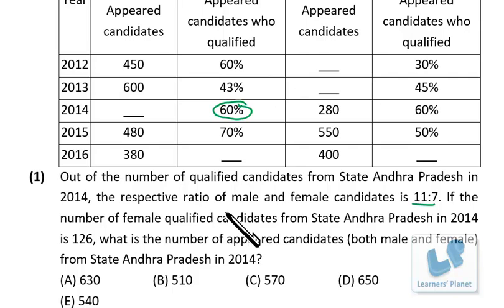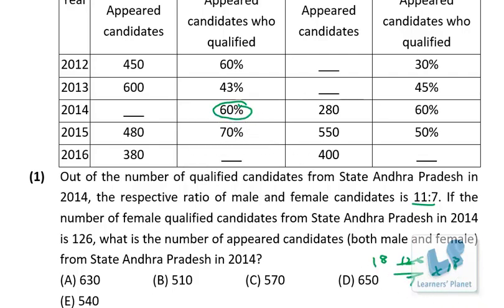Precisely, 7 part is 126, because the male to female ratio is 11:7 and the qualified female candidates are 7 parts. In all it is 11 plus 7, 18 parts. So 7 part is 126, that means 18 part will be 126 by 7 into 18, which is 324, and these are the qualified candidates.